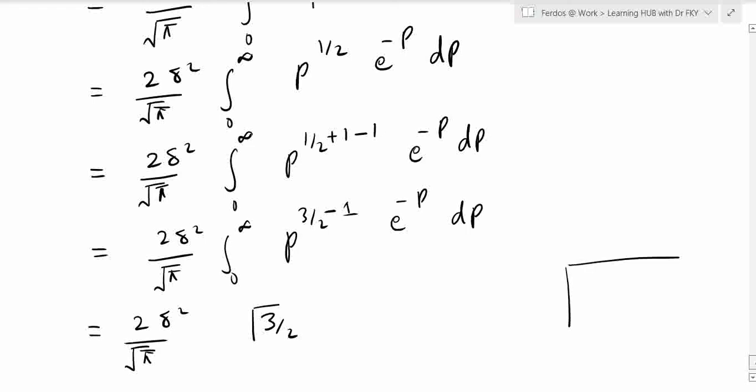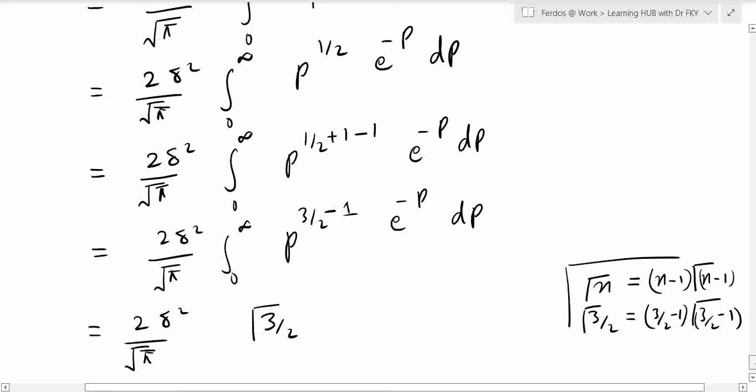Suppose I have a gamma function of n, I can write this as n minus 1 times gamma of n minus 1. So I can expand gamma of 3 by 2 as 3 divided by 2 minus 1 times gamma of 3 by 2 minus 1.